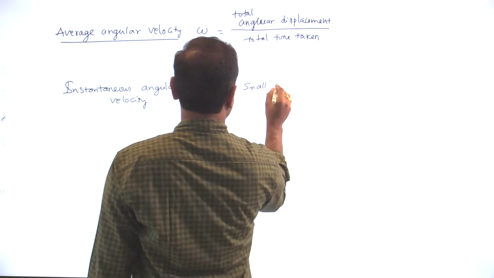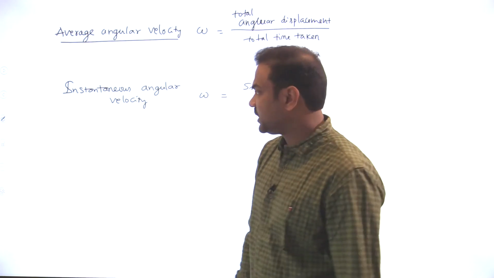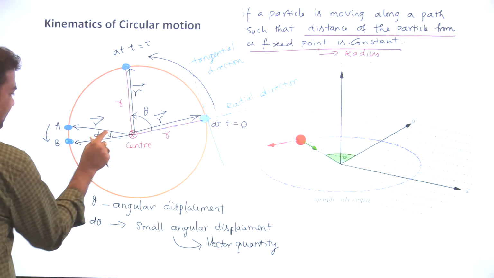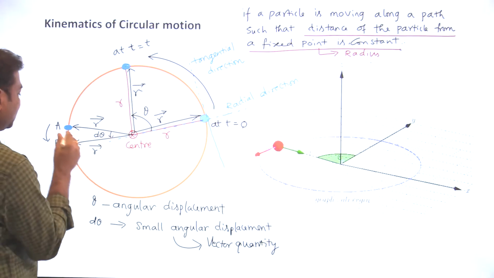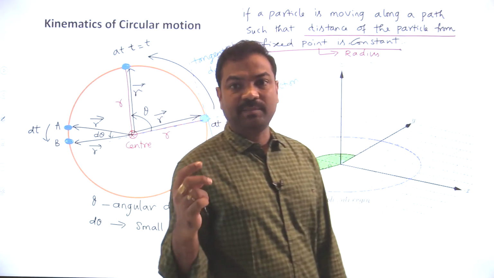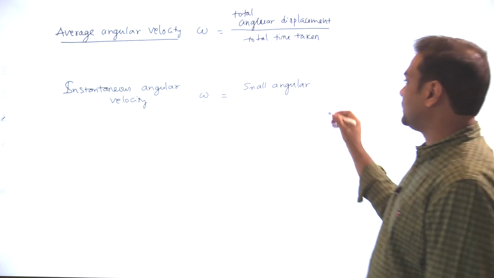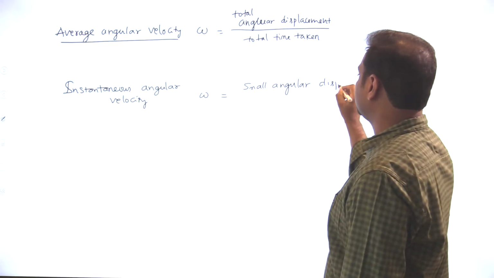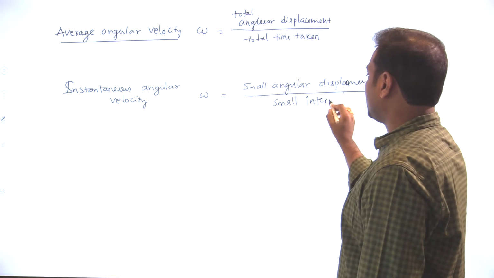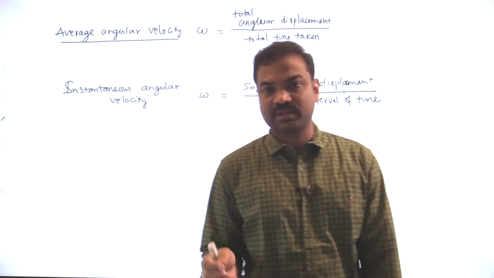Small angular displacement means we are considering a very small time interval. In the small time interval, the angular displacement is small. From A to B, the time taken is dt, and the displacement is d theta. So what is the angular velocity now? Small angular displacement by a small interval of time, meaning the time interval is very close to 0.